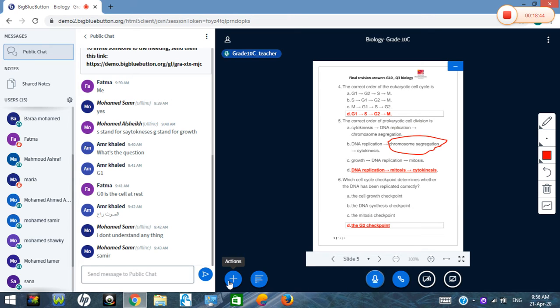Segregation means the chromosome splits into two halves, and each one of these halves migrates to each one of the new cells, so that both of them are identical to each other. So that is the meaning of chromosome segregation.